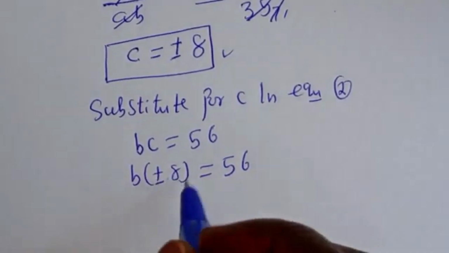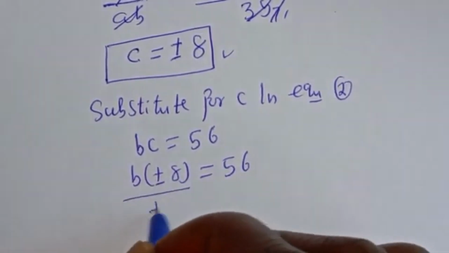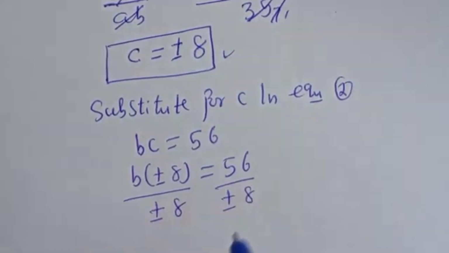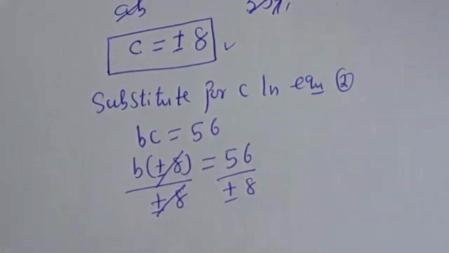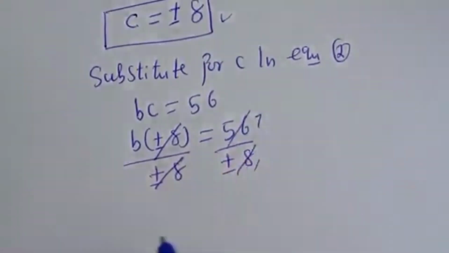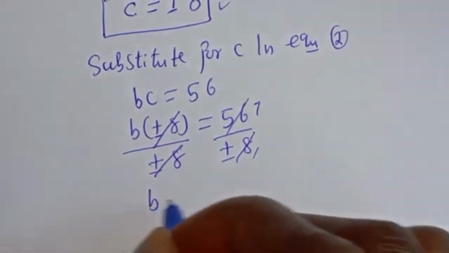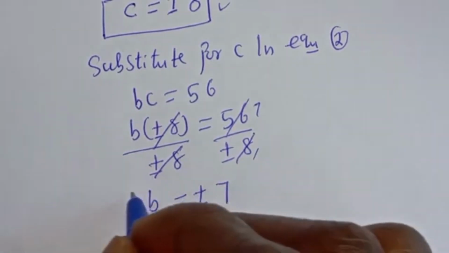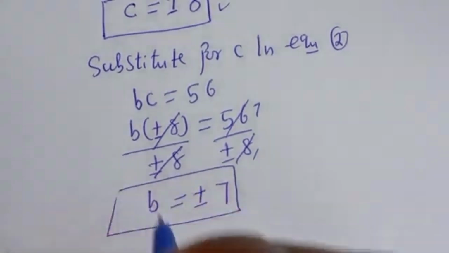Let's divide both sides by plus or minus 8. This will cancel this. 8 here 1, 8 here 7. Then B is equal to plus or minus 7. This is the value of B.